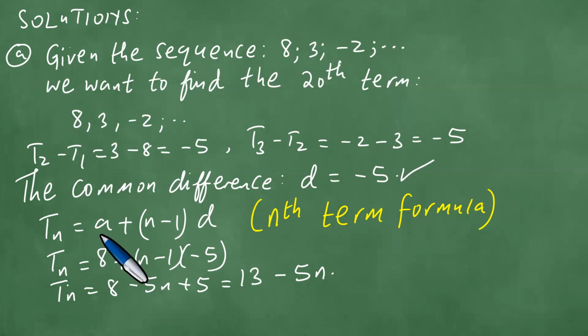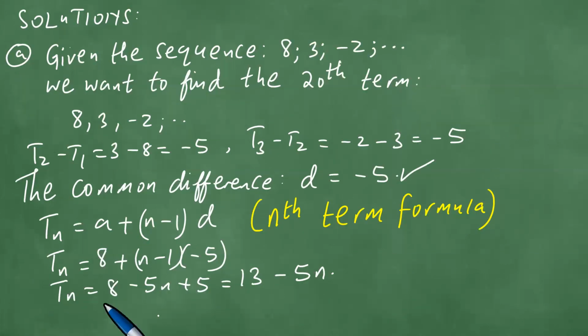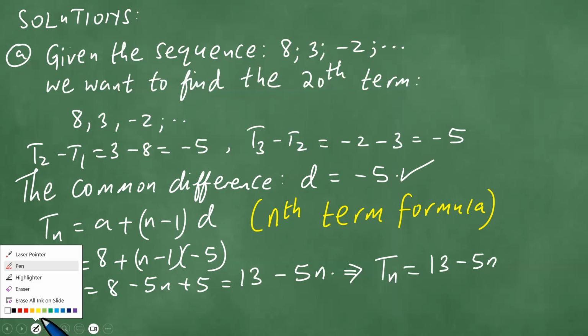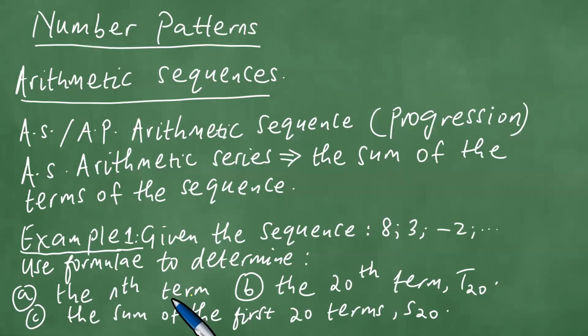Obviously, the question was: use the formula to determine the nth term. So T subscript n is 13 minus 5n. What is this 13 minus 5n? It is the nth term. All right. So we've answered part A, which said the nth term.